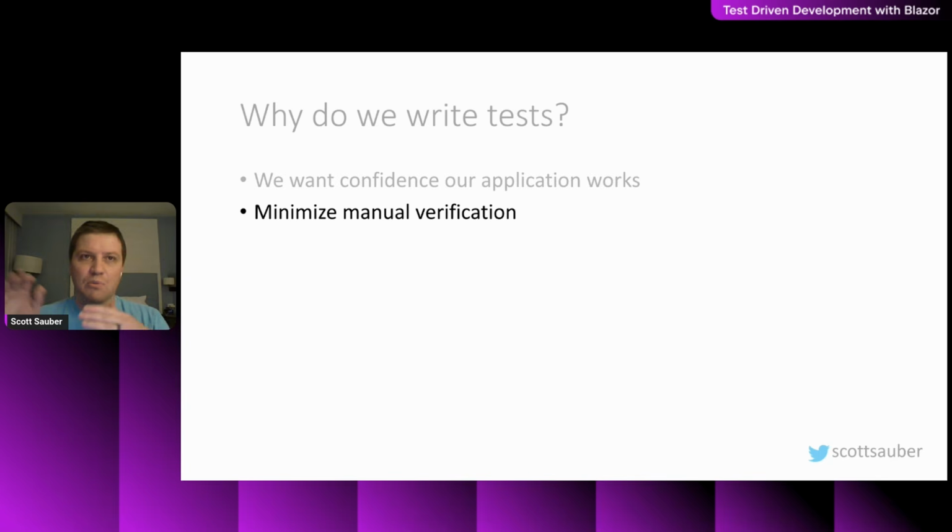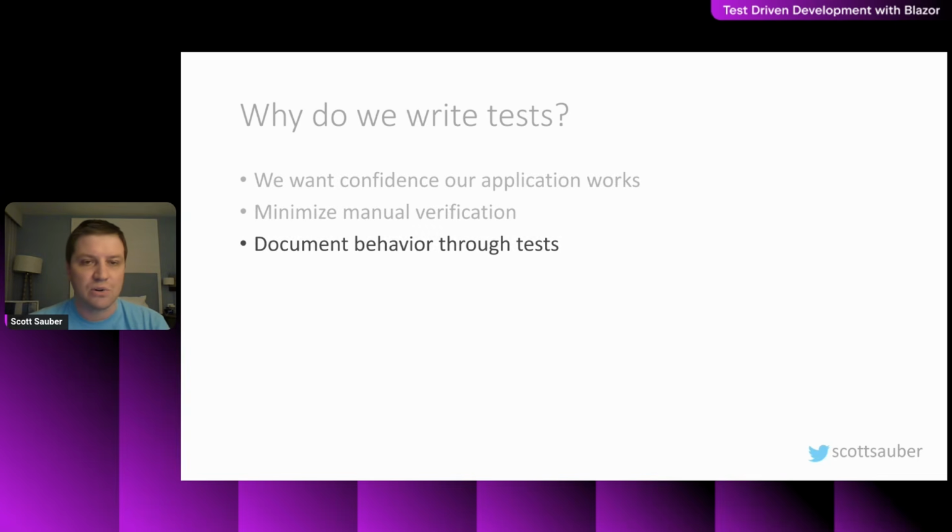Or maybe you're using a product owner, business analyst, whatever, to do that manual verification. As you add more features to an application, the amount of testing required scales in lockstep with the amount of features that you're adding. So by introducing automation, we can reduce the need for all that manual verification, and it just scales nicer as an application grows.